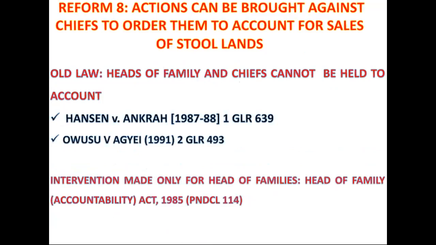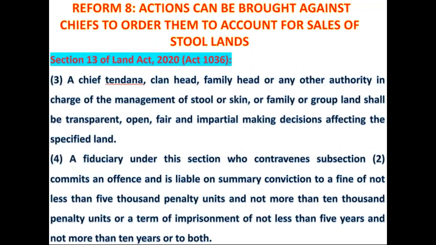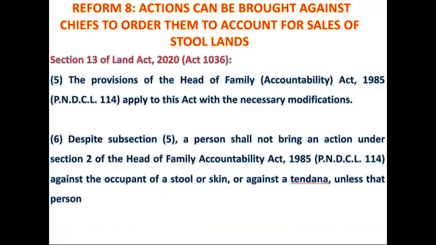But now, under section 13 of the Land Act, a chief is accountable. A chief must also file an inventory. The chief too must be transparent, open, fair, and impartial. And when a chief contravenes the section, it's a criminal offense. We are bringing accountability to the stool. So this is a reform because it reforms and improves upon what we had in Owusu and the J. That is why it's a reform. This is the 8th reform we have discussed in this lecture.